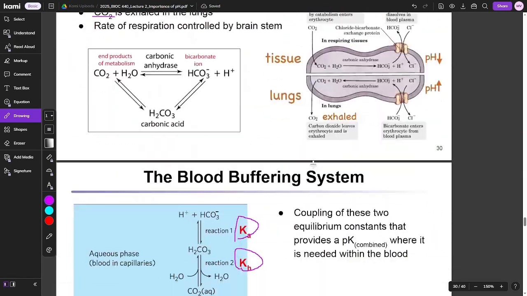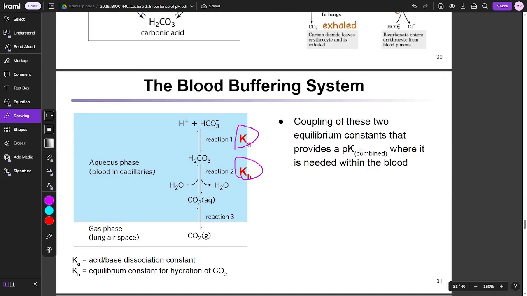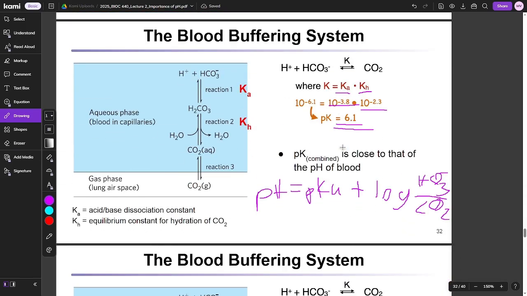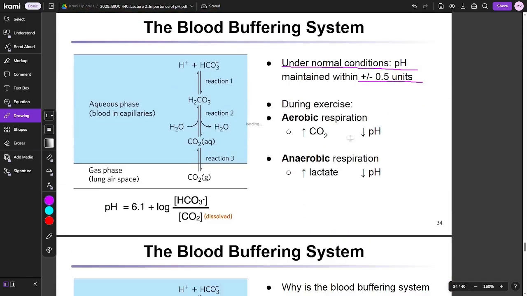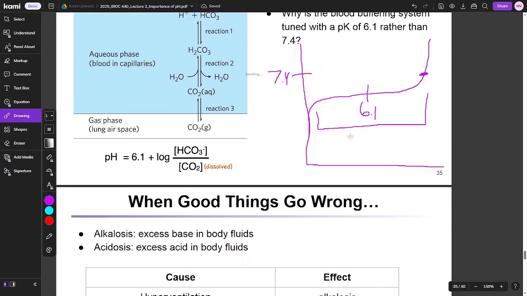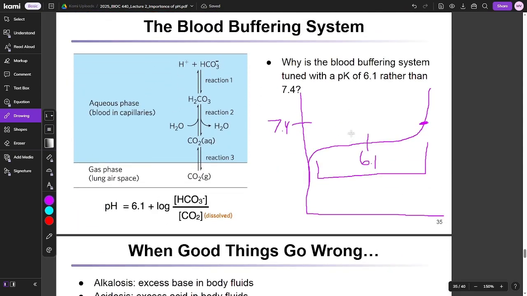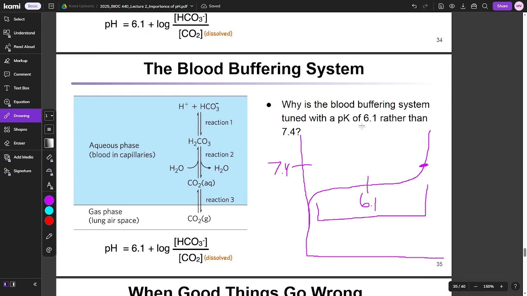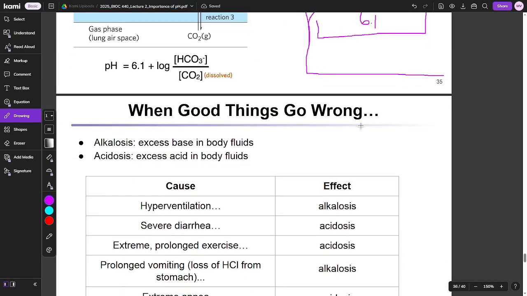That's why we use the pK of 6.1 instead of 7.2. Hopefully that makes sense. If you have questions, feel free to DM me, ask me. But yeah, hopefully that makes sense.